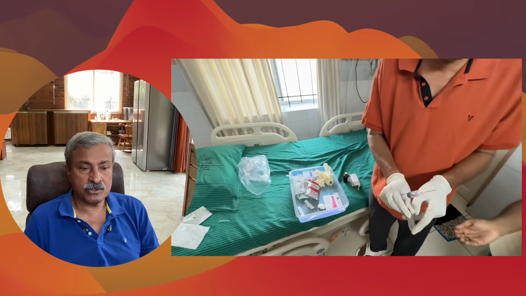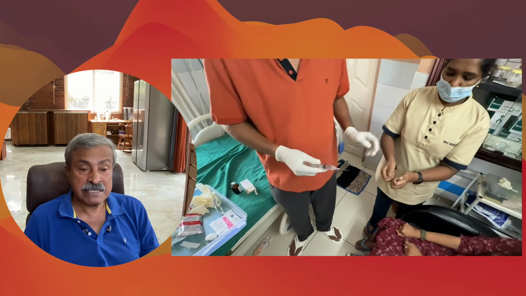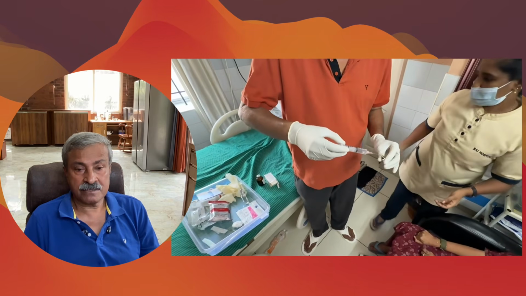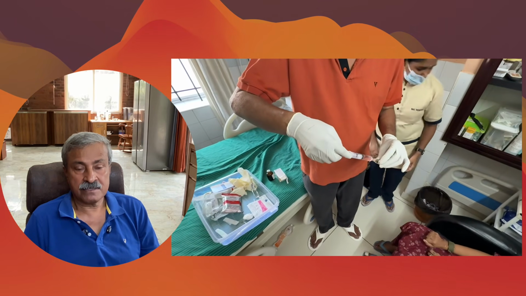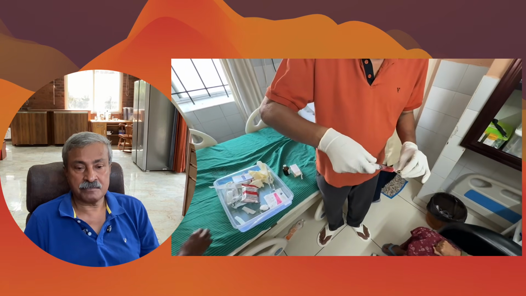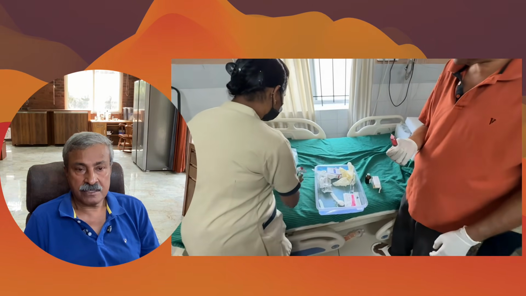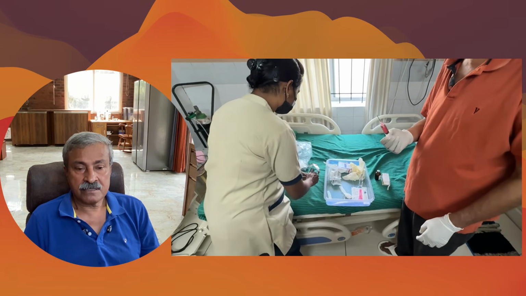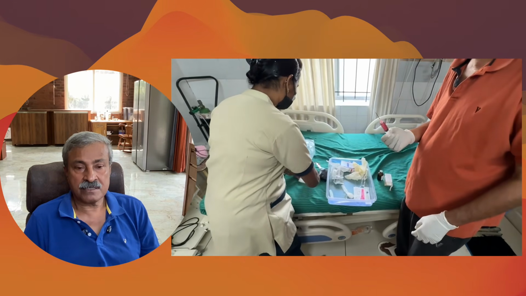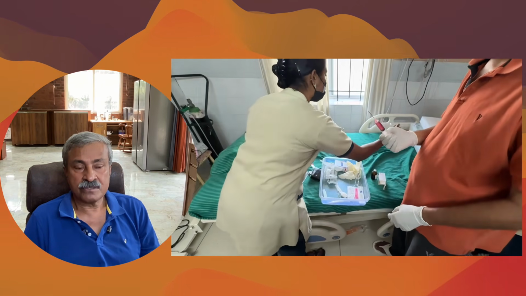We must ensure that at least 10 minutes of hydrogen bubbling happens before we start infusing the patient, because that is the minimum amount of saturation required for 100 milliliters of hydrogen.